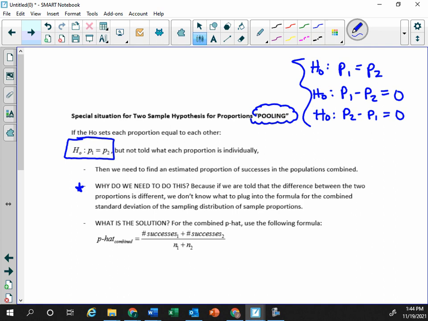You know what the difference is between the two proportions, but you don't necessarily know the individual values, okay? And you have this lovely formula for p hat combined. And we'll do an example where we walk through that.